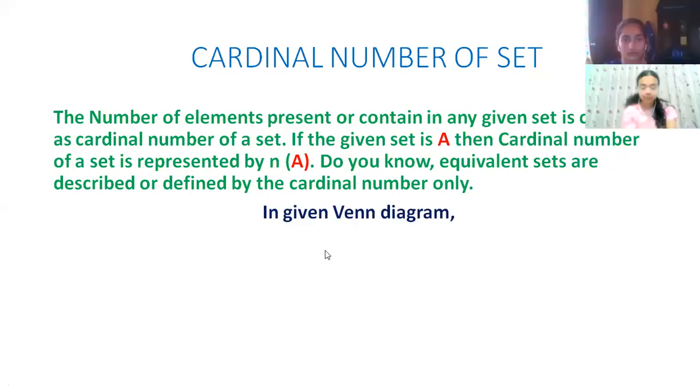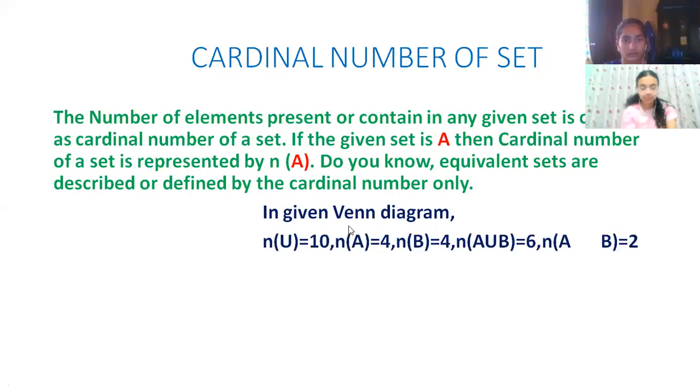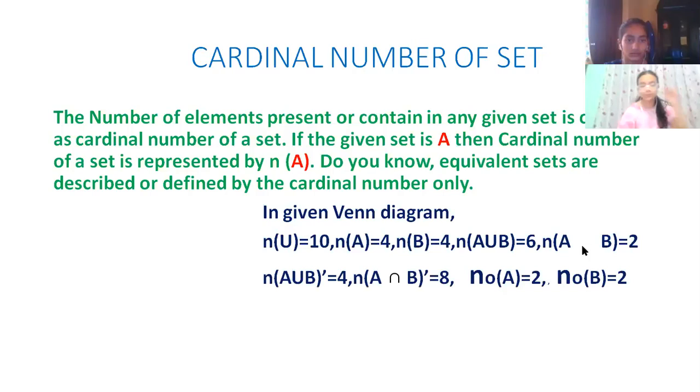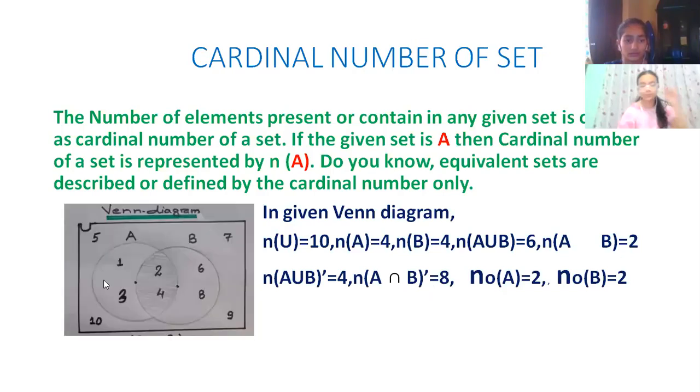And listen here, in this given Venn diagram, I am showing one Venn diagram. Look here: n(U) equals 10, n(A) equals 4, n(B) equals 4, and n(A union B) equals 6, and here must be n(A intersection B).